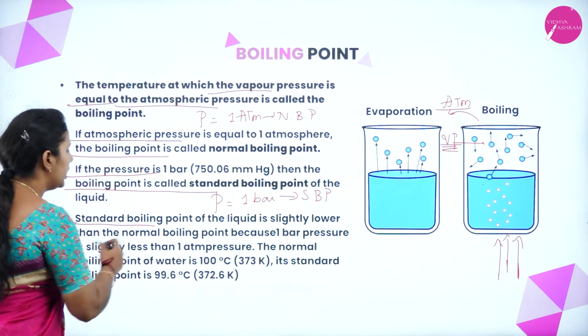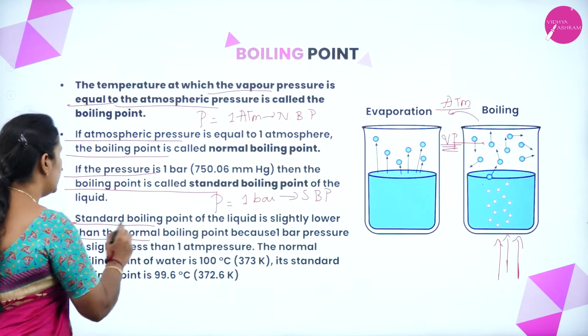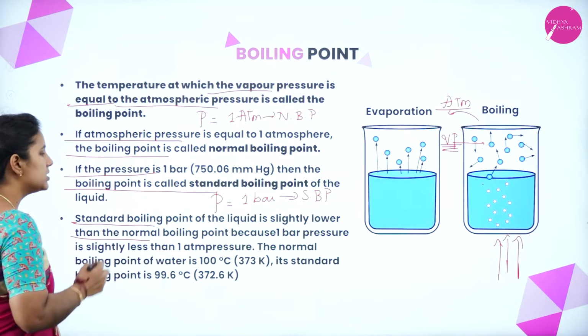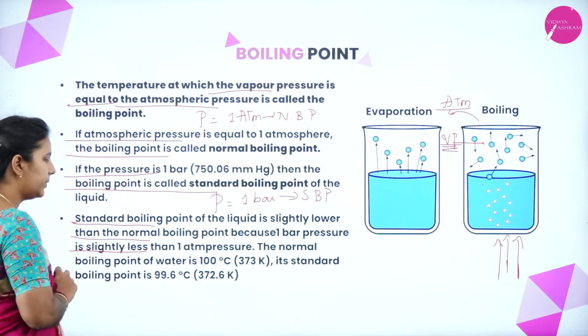The standard boiling point of the liquid is slightly lower than the normal boiling point, because 1 bar pressure is slightly less than 1 atmospheric pressure.